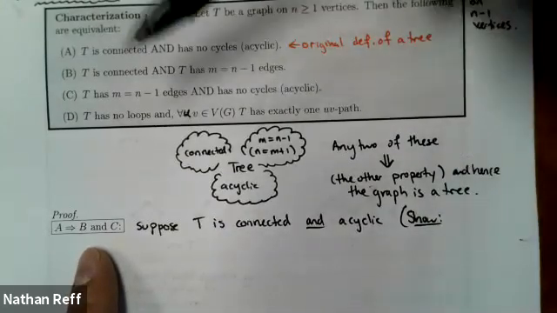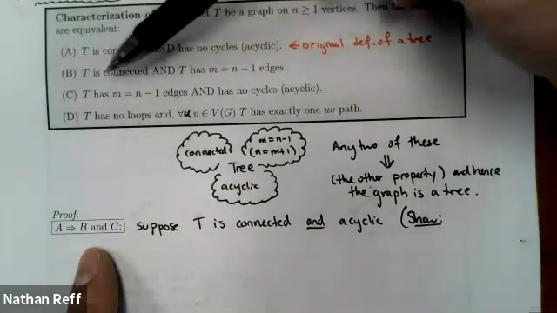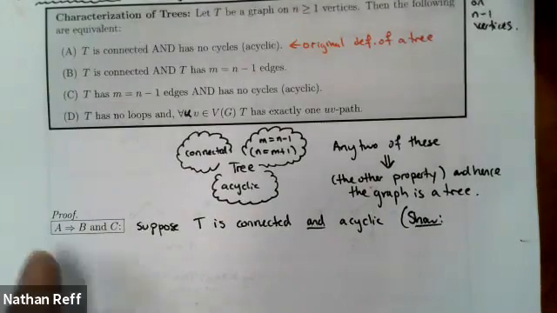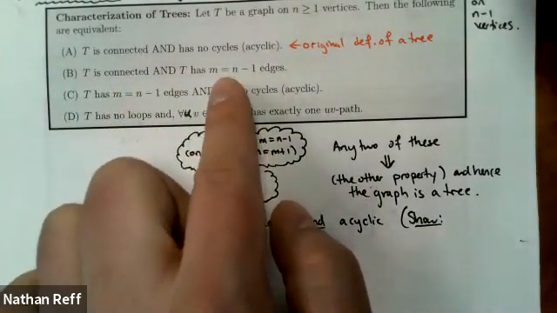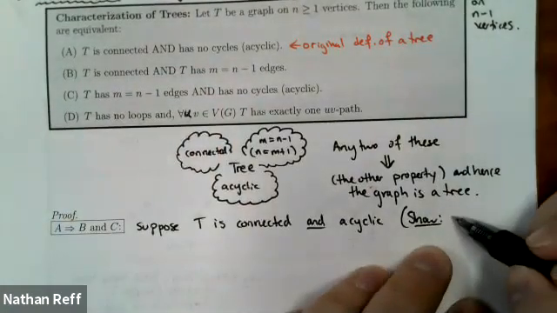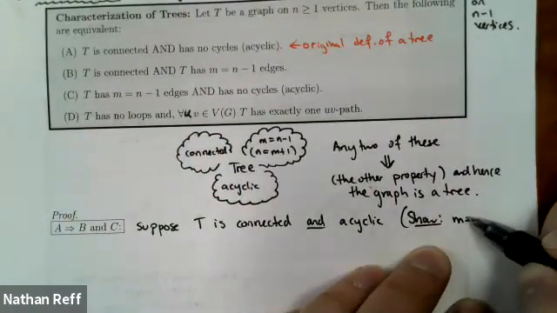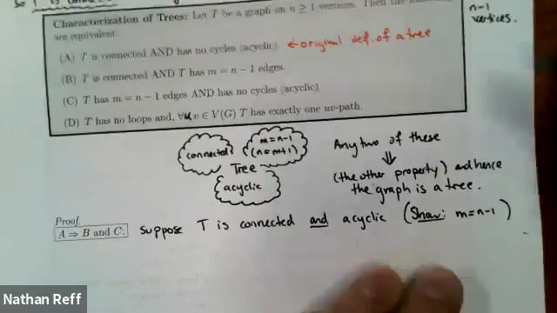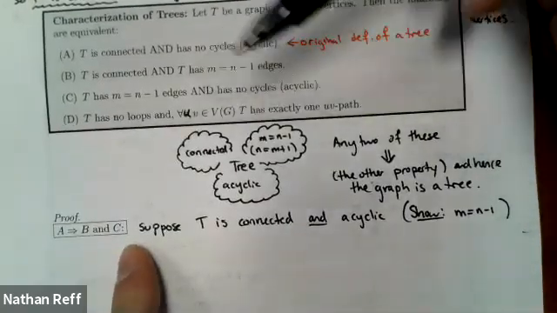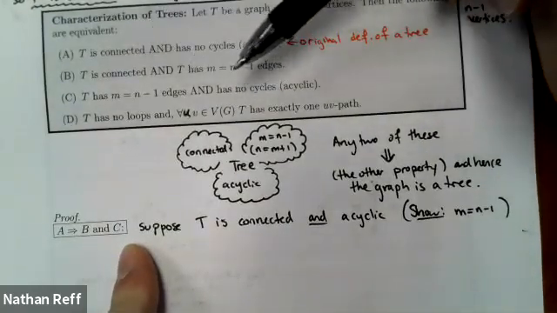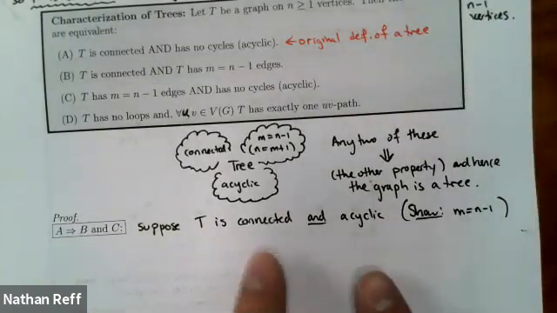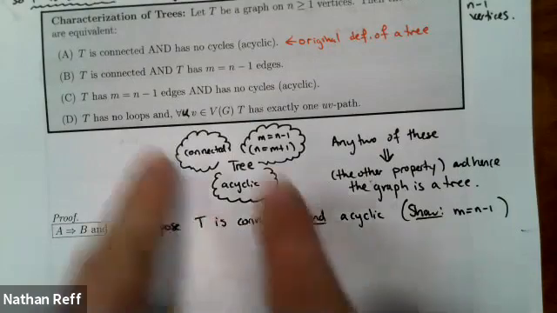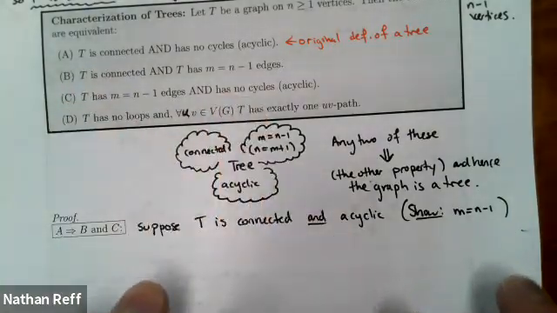Now look, in B and C, in order to get B, I have to prove that I'm connected, but I have to show that the number of edges is n minus 1, right? And to get C from A, I have to show that I'm acyclic and the number of edges is n minus 1. So do you see, as soon as I have one of these, I have half of B and C. We okay with this?